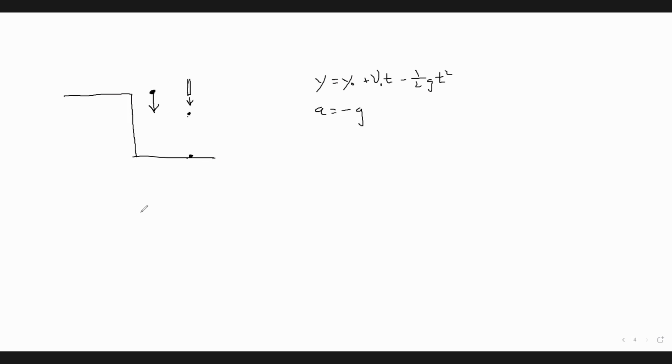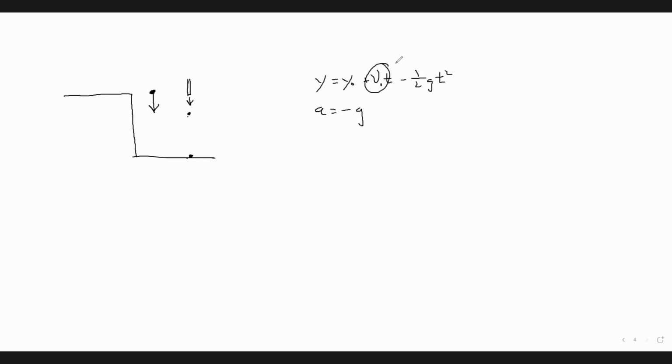The acceleration is due to the force of gravity, and the only force acting on the bullet is gravity as soon as it leaves the barrel of the gun. When it's in the barrel of the gun, of course, there are other forces acting on it. But as soon as it leaves the barrel, the only force acting on it is gravity. So it reaches the ground quicker because it has a V0, but its acceleration is the same.